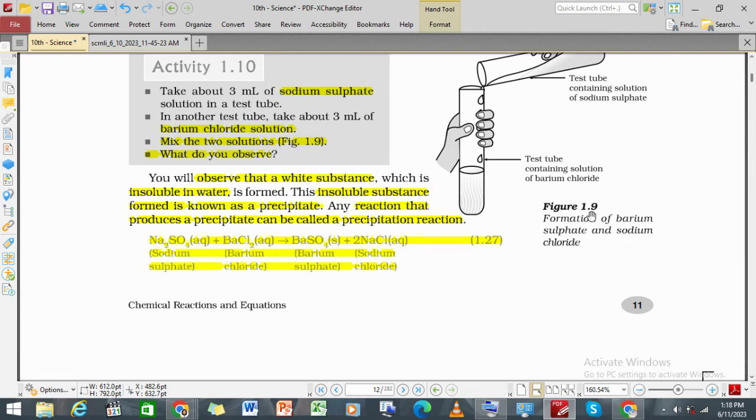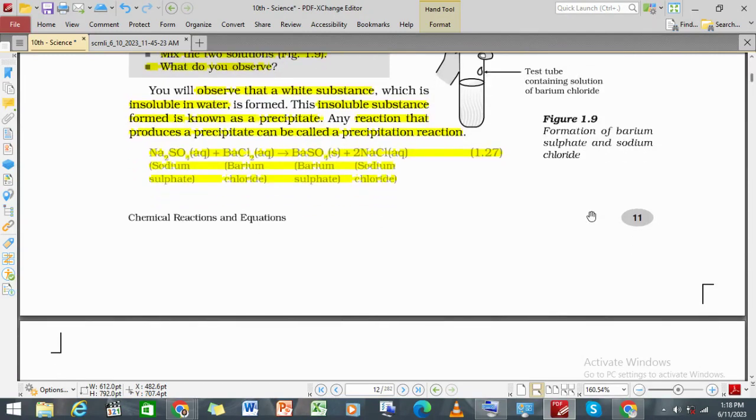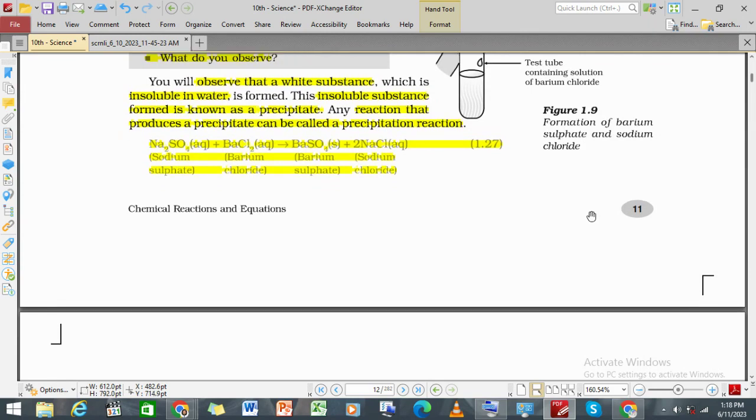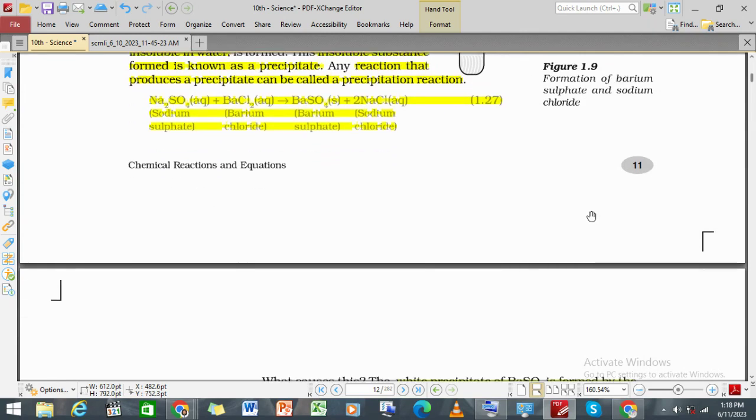So this is known as the precipitation reaction. That is, Na2SO4 plus BaCl2 gives BaSO4 plus NaCl. That means sodium sulfate added with barium chloride gives barium sulfate and sodium chloride.